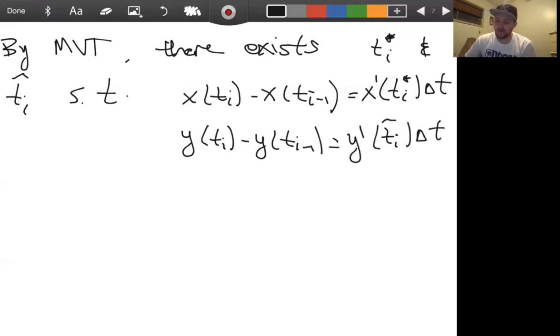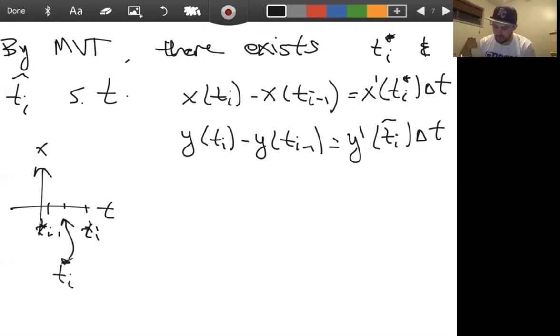So here I had to use the mean value theorem once for the function x. Like here we'll have x as a function of t. Somewhere we have t sub i, somewhere we have t sub i minus 1, and somewhere in the middle we have t_i star.